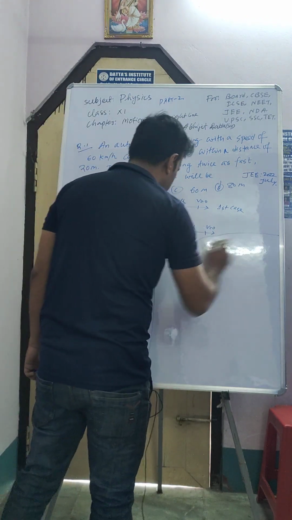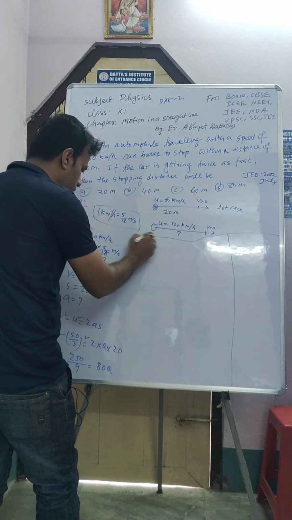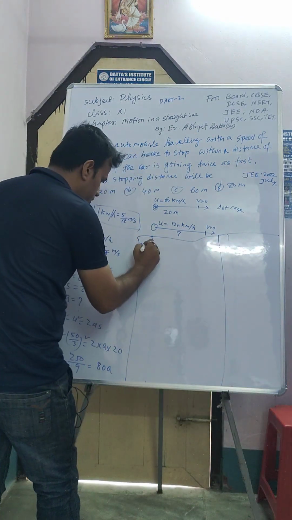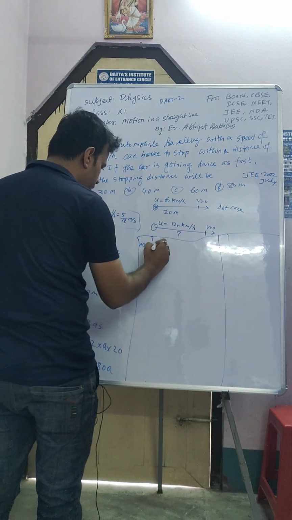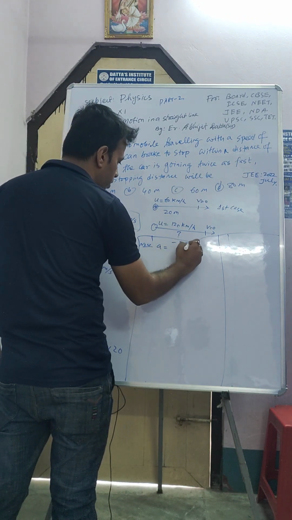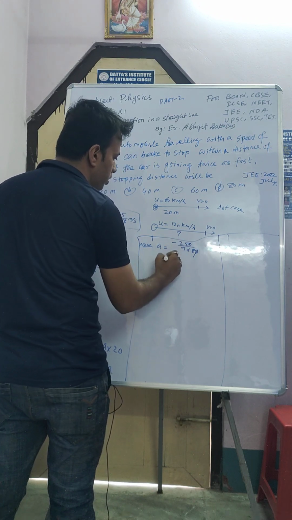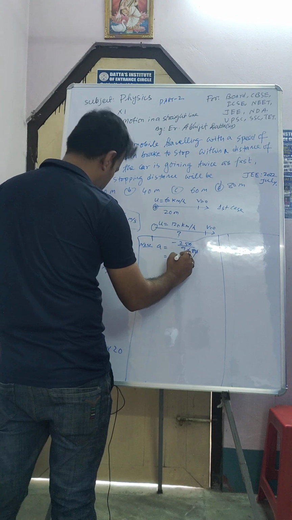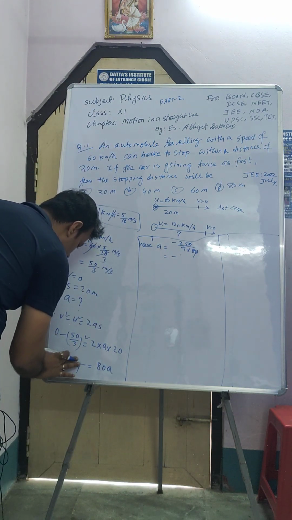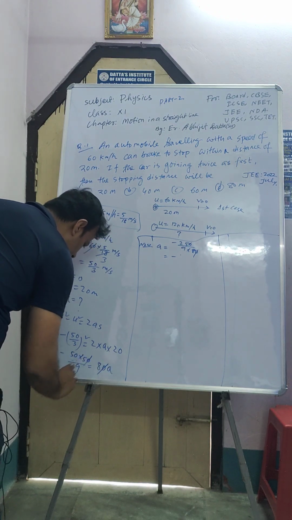Now a will be, a equals minus 2500/9 into 80. If we cut this, it will be 50 into 50 is 2500, the zeros cancel out.